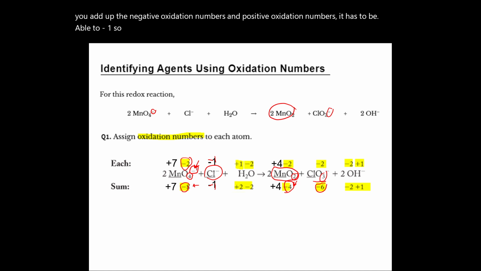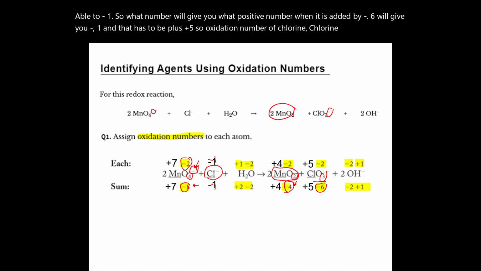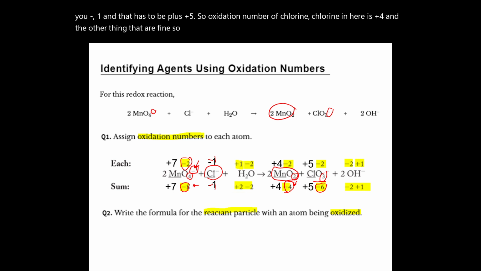So what positive number when it is added to -6 will give you -1? That has to be plus 5. So the oxidation number of chlorine in here is +5, and the other things are fine. So you see we have assigned all the oxidation numbers for this redox reaction.